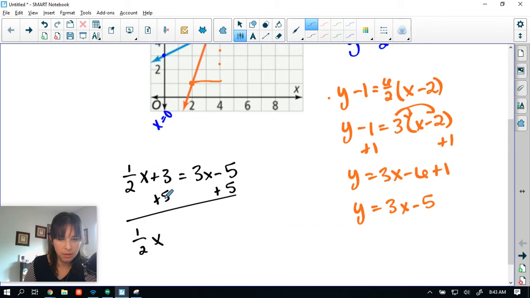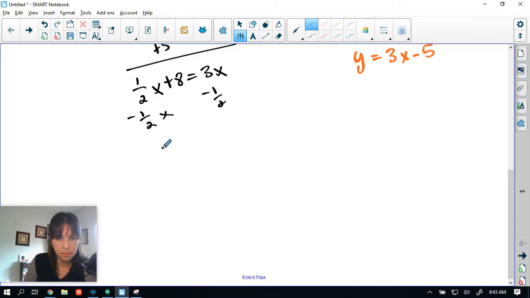I don't know, every time I do algebra 5, 6, 7, I like completing these problems. So I'm going to subtract 1/2. And I get a equals, what is that, 6 halves minus 1/2. That equals 5 halves.